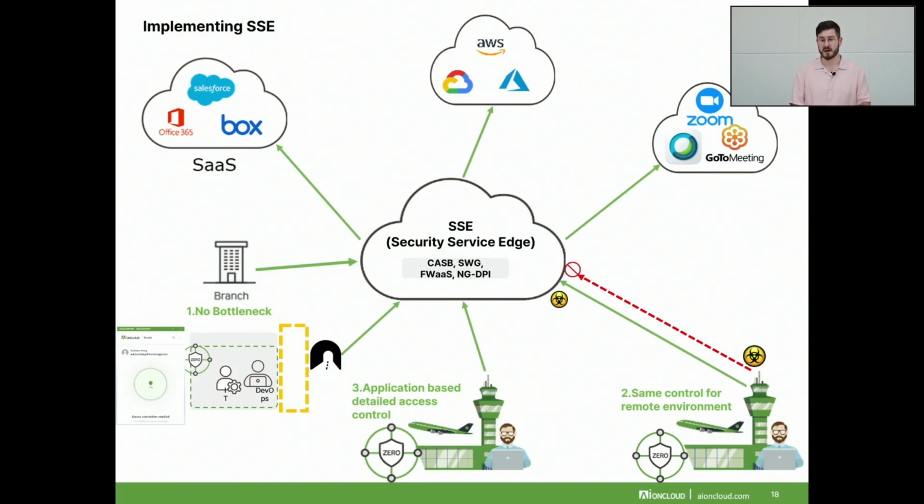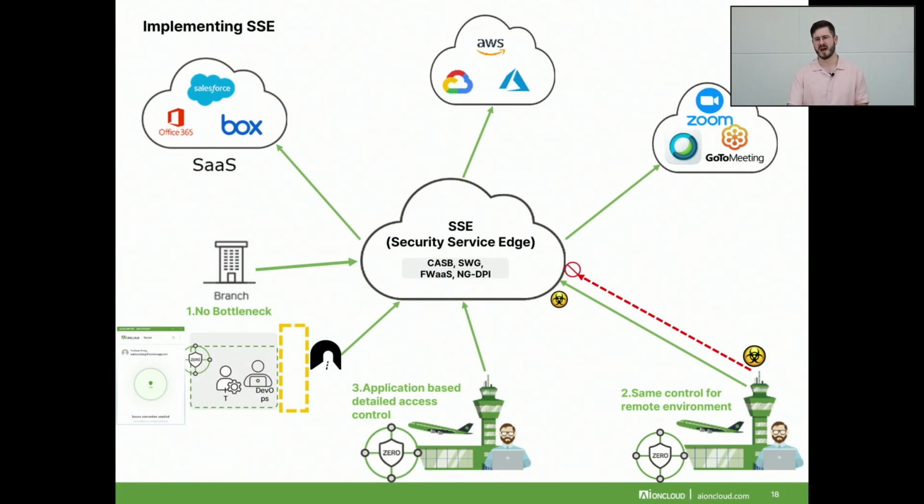Now, because of this, instead of users deciding to access the internet directly with no security, these user devices can be required and forced to connect to the SSE before they access web applications and resources. And in this way, those same security policies can be applied to everyone anywhere in the world.